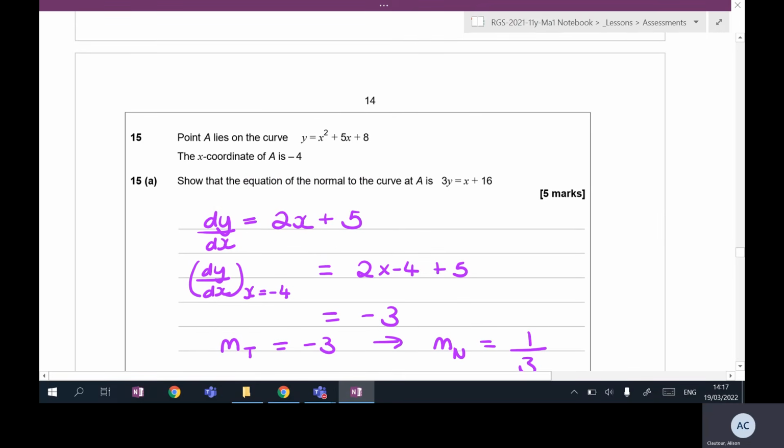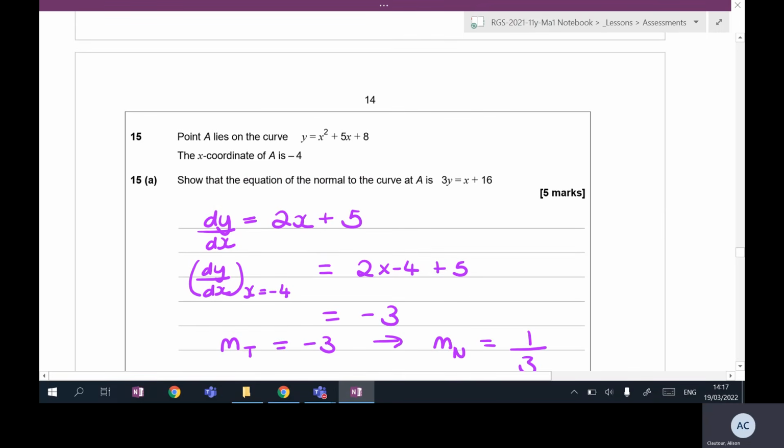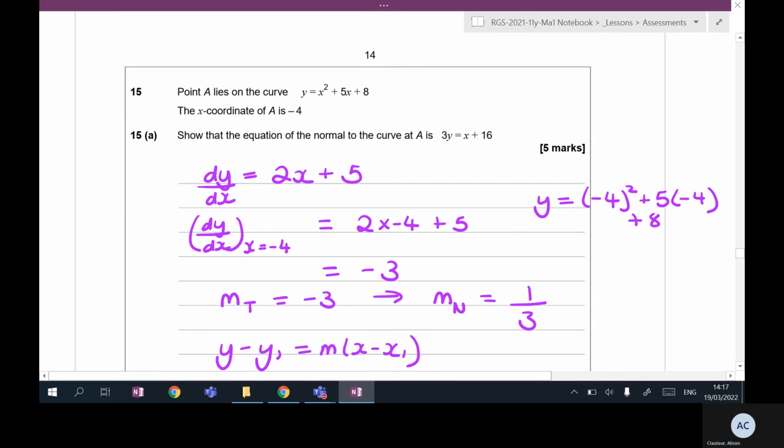So we just, up here, sub -4 into our curve equation. If we do the same thing, we want to find y when x equals 4, -4, sorry. So -4 squared, add 5 times -4, add 8. So I've got 16, take away 20, add 8.